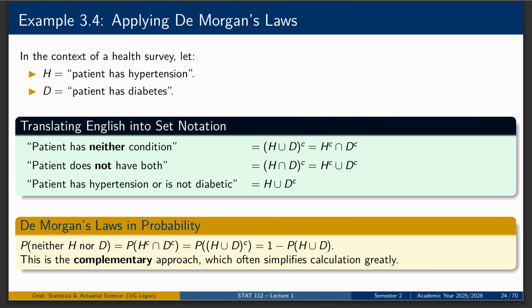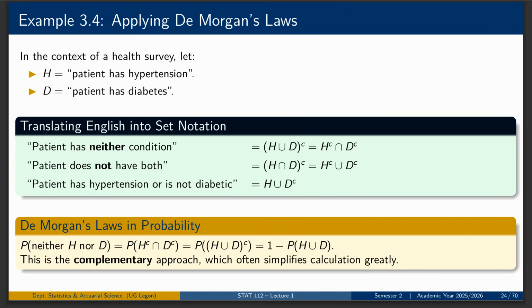Also, we apply De Morgan's law in the context of a health survey. So let H be the patient has hypertension, D the patient has diabetes. Okay. So the patient has neither condition will be H union D complement, which is the same as H complement intersection D complement. The patient does not have both: H intersection D complement, right? That's H complement union D complement.